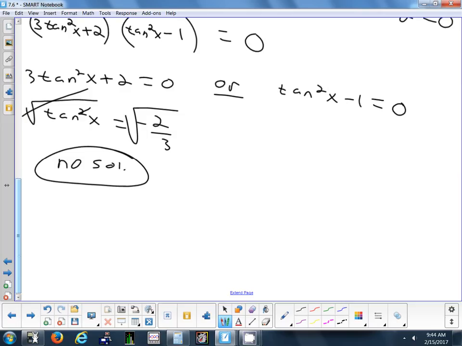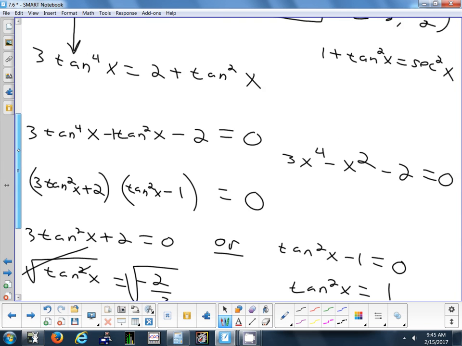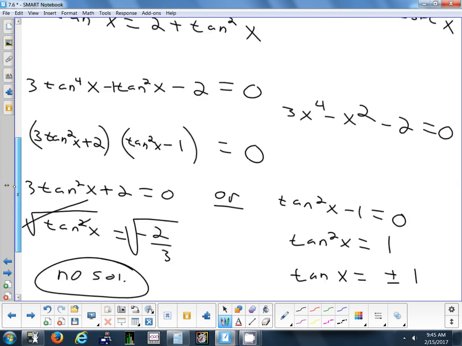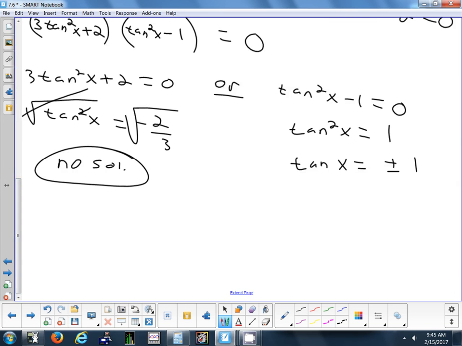Okay, and now the other one. How would we get the 1 on the other side? Add it. And what would your next step be? Square root. And that would mean tangent x equals plus or minus 1. So we're going to get two answers out of that, as long as the answers are between negative pi over 2 and pi over 2. We'll see if they are. And now my last step.